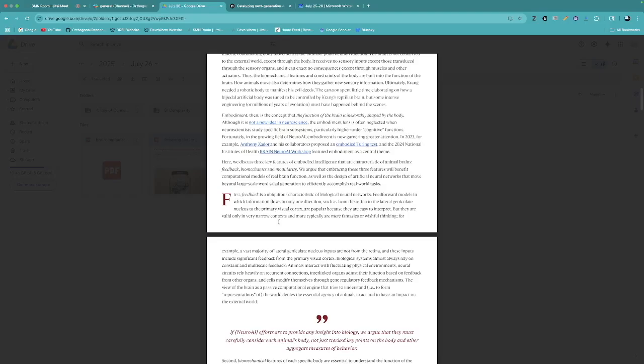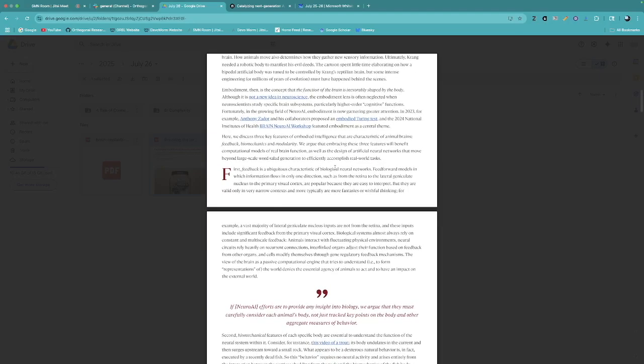Okay, so they talk about feedback being a ubiquitous characteristic of biological neural networks. Feed-forward models, in which information flows in only one direction, such as from the retina to the lateral geniculate nucleus to the primary visual cortex, are popular because they are easy to interpret. But that's not usually the way processing works.